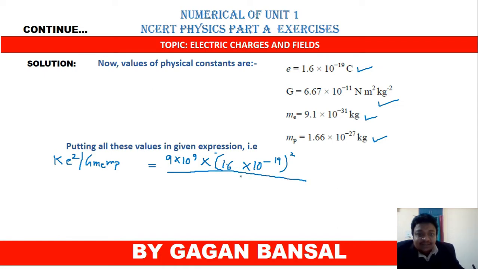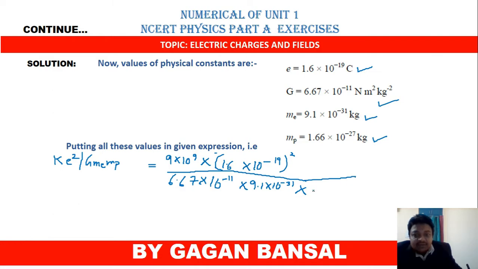Okay, so G is how much? 6.67 into 10 raised to the power minus 11 into Me is 9.1 into 10 raised to the power minus 31 into Mp, that is mass of proton, it is 1.66 into 10 raised to the power minus 27.